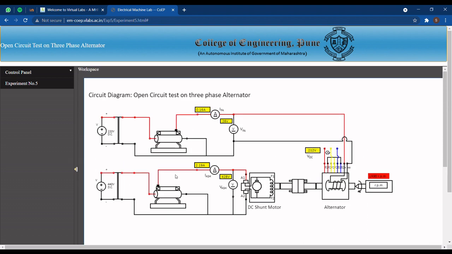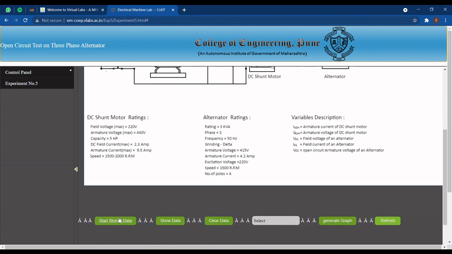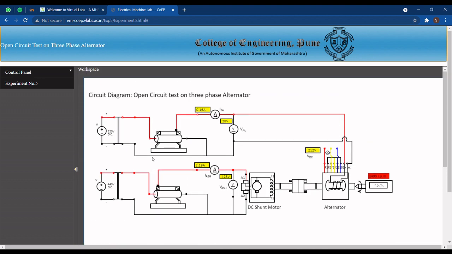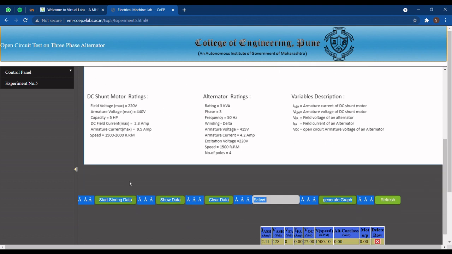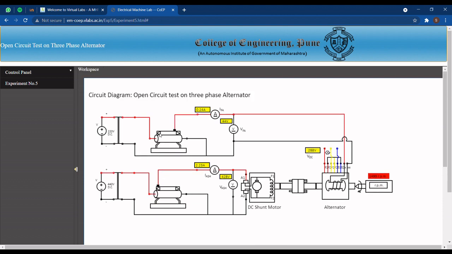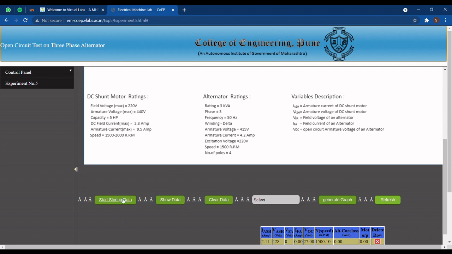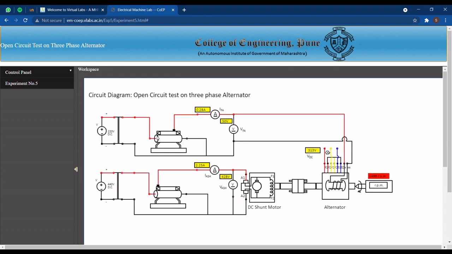Repeat the same procedure till the rated voltage of the alternator is reached. The rated voltage of this alternator is 415 volt. It is the line voltage.